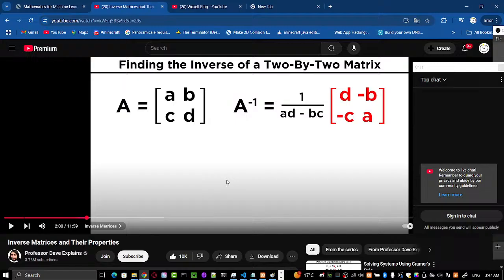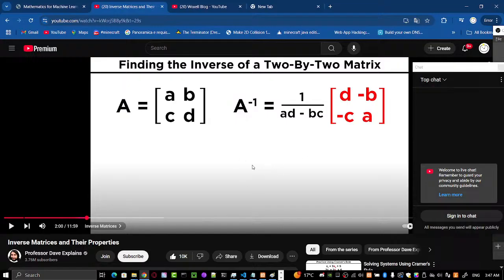I mean, for a 2x2 matrix, we calculate the determinant and then we multiply by 1 over this. We also have to reverse this part, and then we have to switch A with D, and then we have to put the other diagonal negative, right?